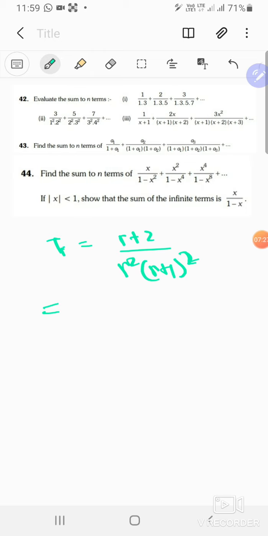We have that 3 is 4 minus 1, which is 2 squared minus 1 squared. Similarly 5 is 9 minus 4, which is 3 squared minus 2 squared. You can already see the pattern: R plus 1 squared minus R squared.